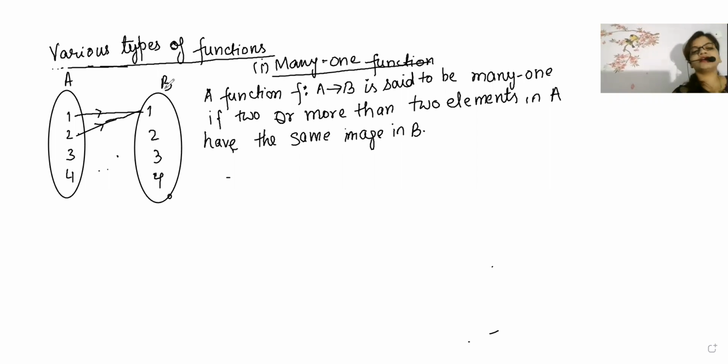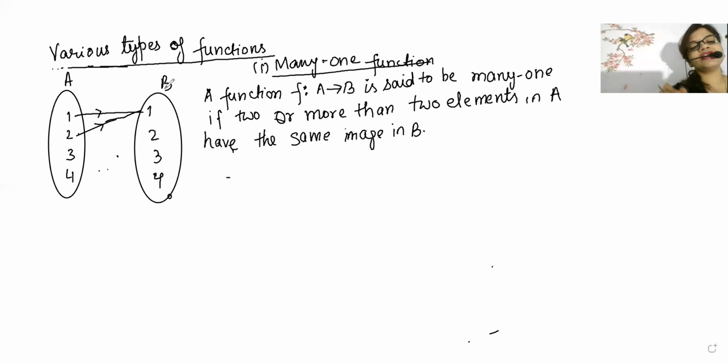Here you have to understand that more than two elements in the domain will map with a single element in the codomain. That state is exactly called many-one. Many-one is that state where two or three elements in the domain will map with one codomain element.